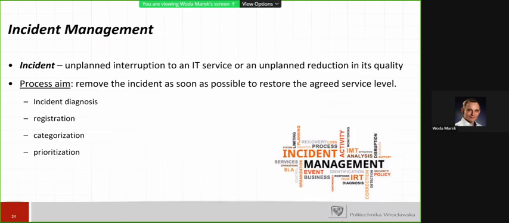If we know that, we can inform upfront the person who turned to us with the incident, and give indicative information about when the issue will be resolved.